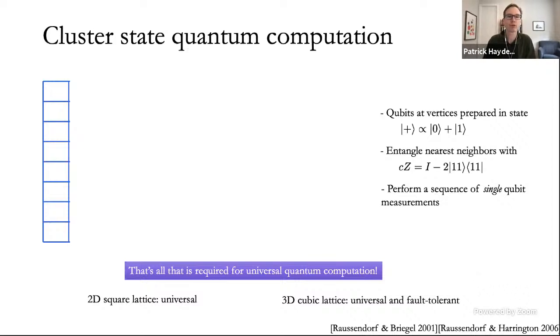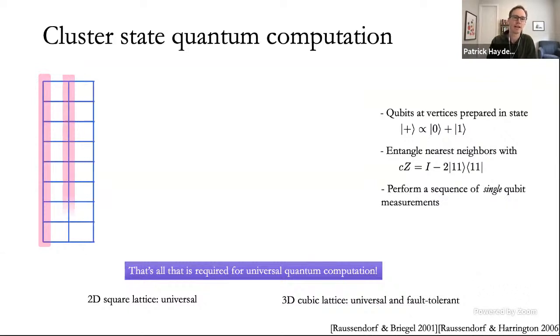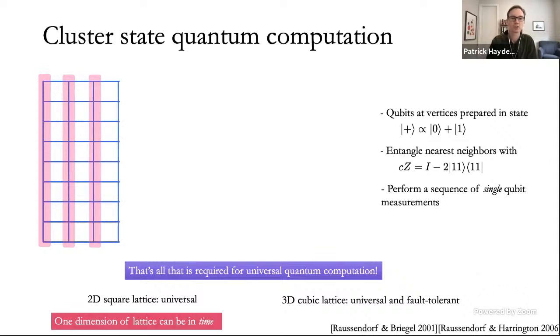If you just prepare the first 2 columns, then the first column at that point has interacted with all of the qubits that it will ever interact with. And so then you're free to measure them away. So you could prepare 2 columns and then measure the first, and then prepare the third column and measure the second column, and continue like that. And so one dimension of the lattice can be effectively constructed in time rather than space.